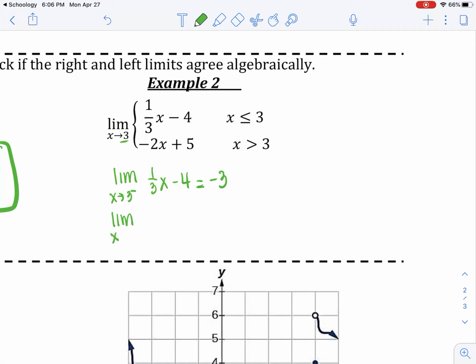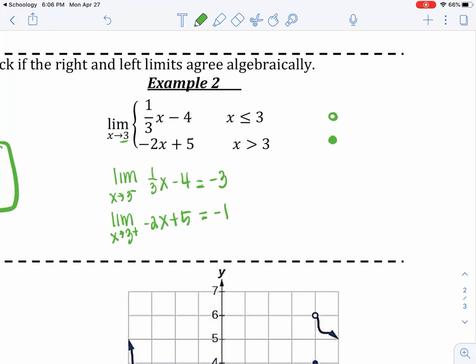Here, limit as x approaches 3 from the right. We're going to plug 3 into the second equation, which is 2x plus 5. So plug in 3 there, you get 6 plus 5, which is 11. So basically, if you think about what this looks like, clearly the limit does not exist, but you have a point at (3, negative 3) that's closed, and then you have a point at (3, negative 1), which is open.